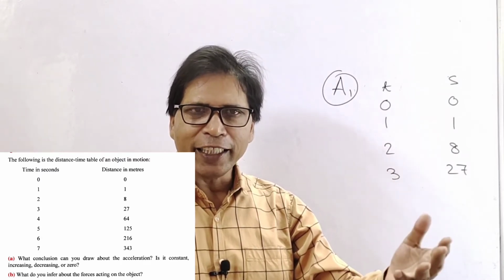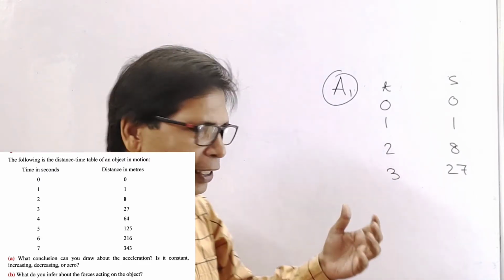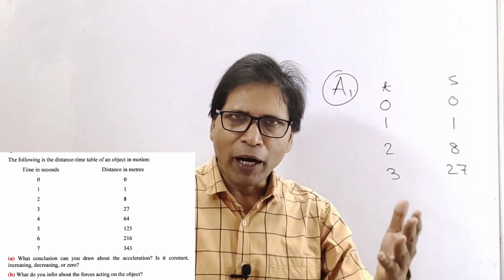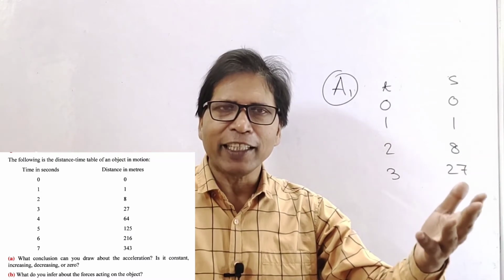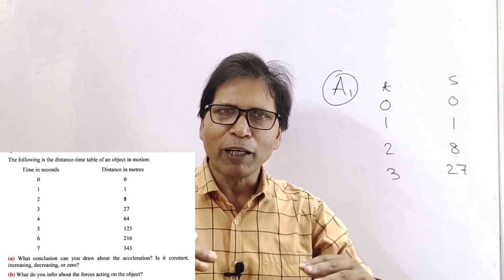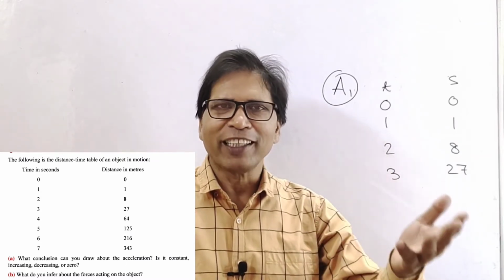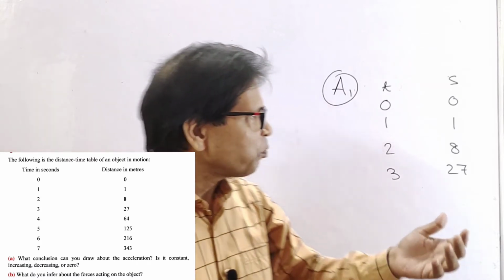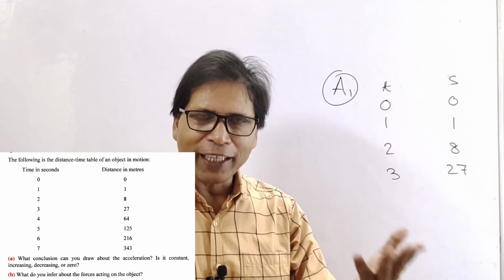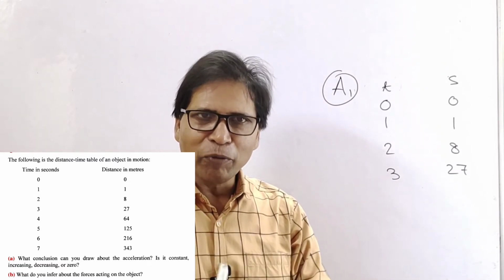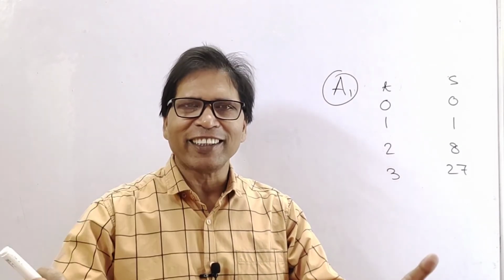If acceleration increases, then the force acting on the body, which is mass into acceleration, also increases. Therefore, the body has non-uniform velocity, non-uniform acceleration and non-uniform force acting on it.